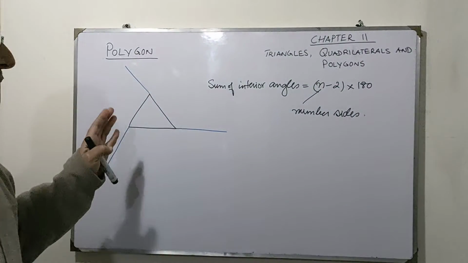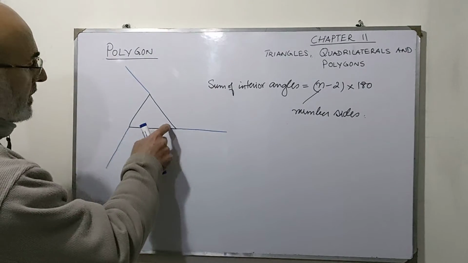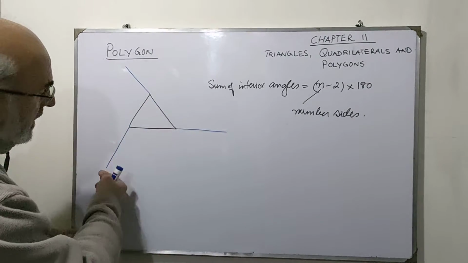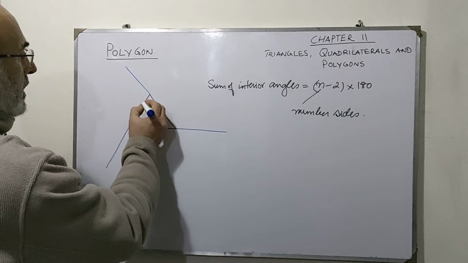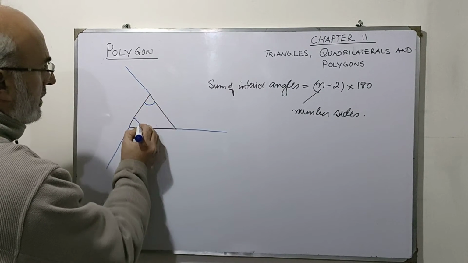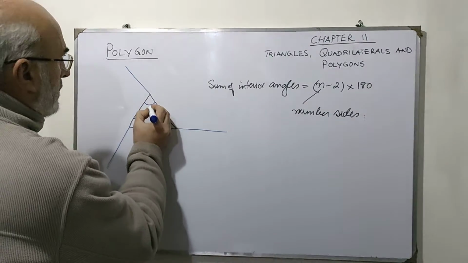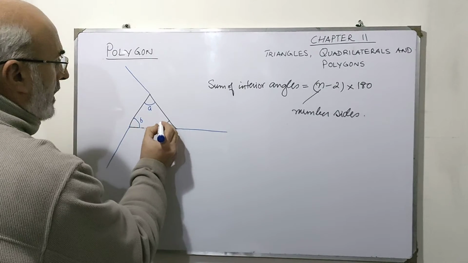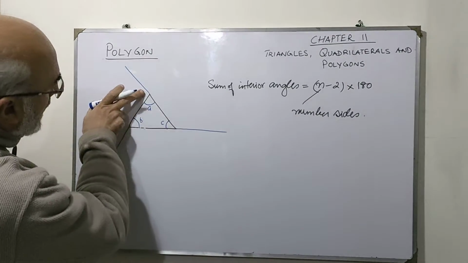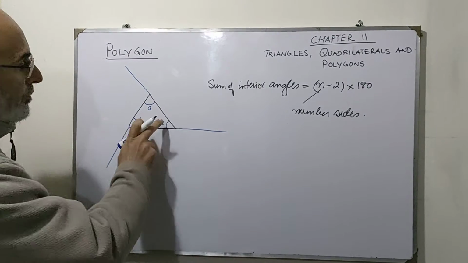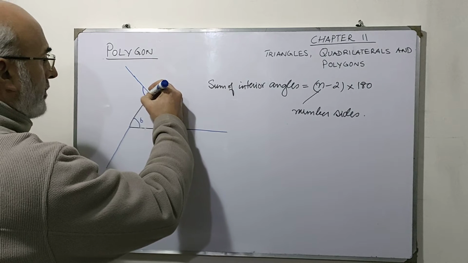Now I have extended the sides of a triangle. I have extended this side, this side, and this side. Let's say that these are the three interior angles and I'm going to name them A, B and C. Since I have extended this side, I have an angle here as well.